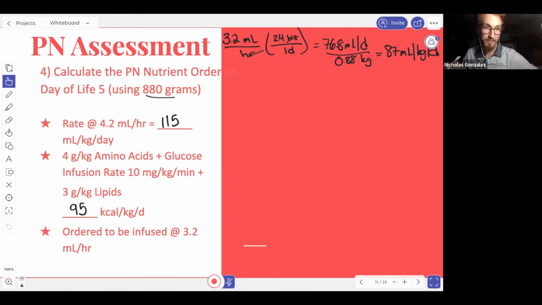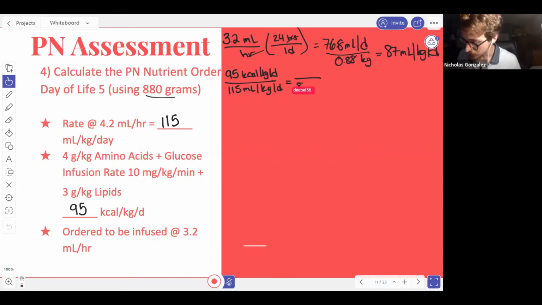So for the proportion, we're going to take what we just got from the previous slide, which is 95 calories per 115 milliliters per kilogram per day. And we want to equate that to the same values, but with a different volume. In this case, the volume is what we just calculated. And we're looking for the calories.